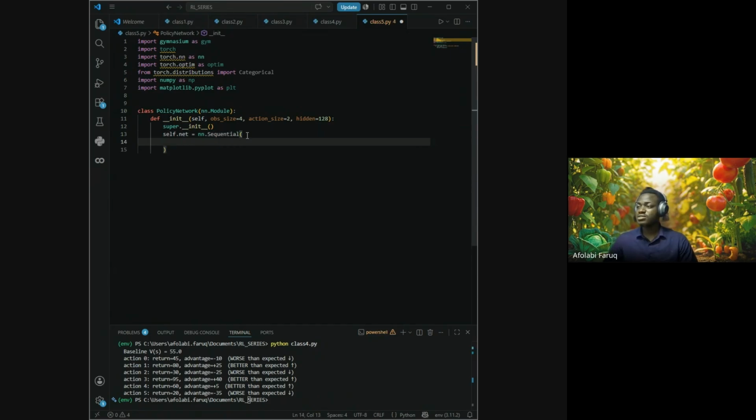So we are going to pass all of our layers into this Sequential layer. Sequential because it is left to right. Sequential layers are layers that run left to right, from the input to the output.